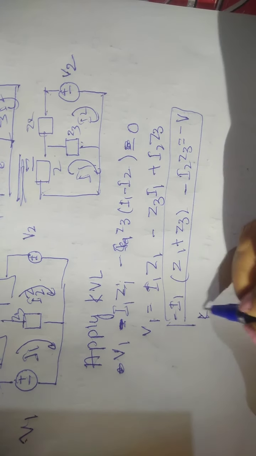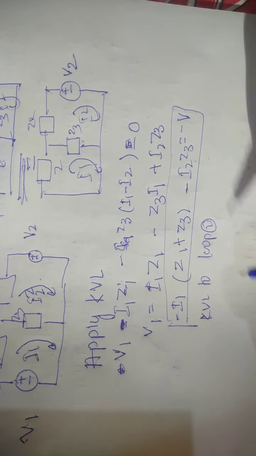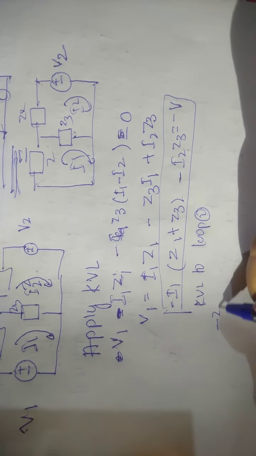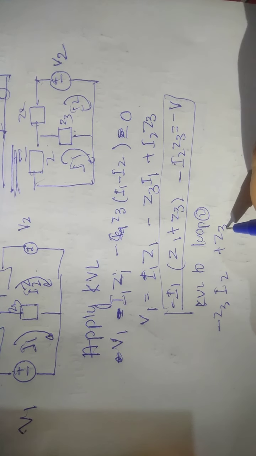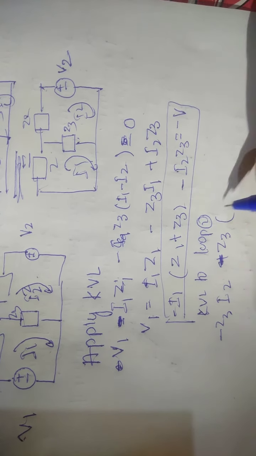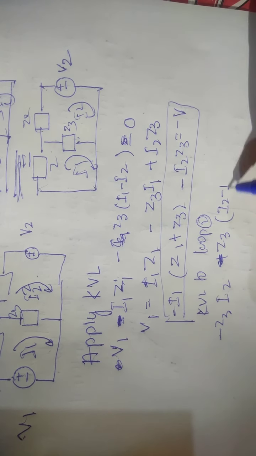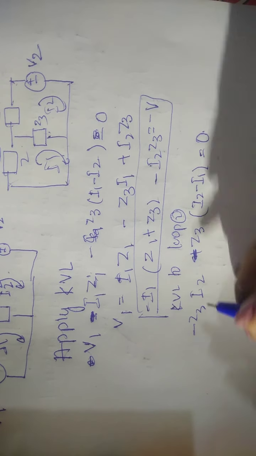Next, KVL to loop 2: minus Z2 I2 minus Z3 (I2 minus I1) equals 0.